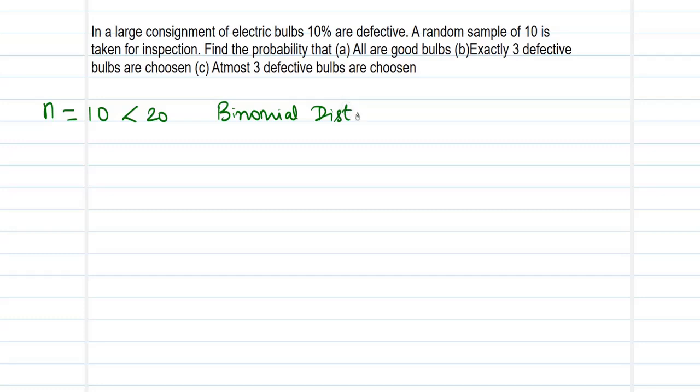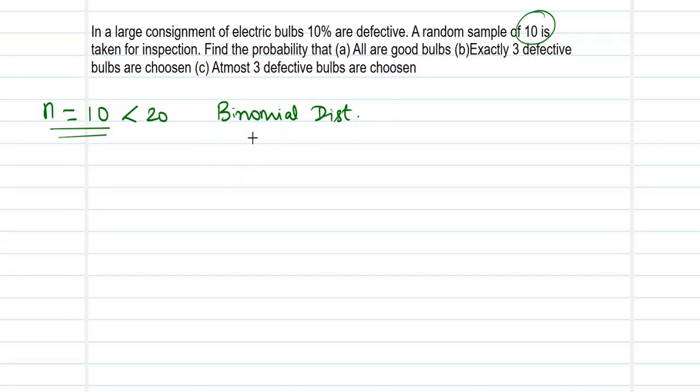Since we have not been given any clue about what distribution to apply, this has to be taken as a clue. N, which is 10, is small, and so the problem can best be solved using binomial distribution.